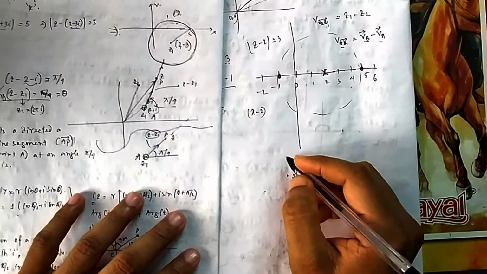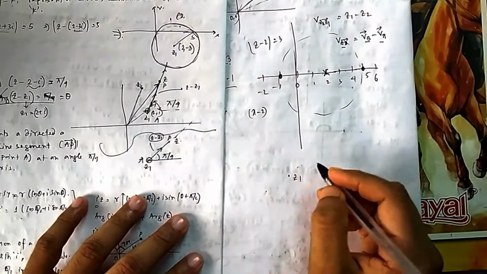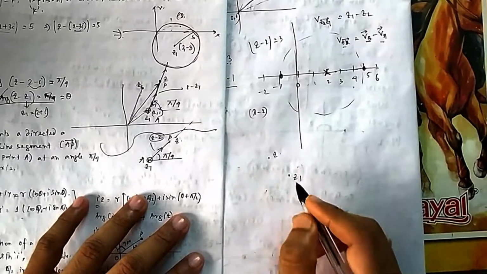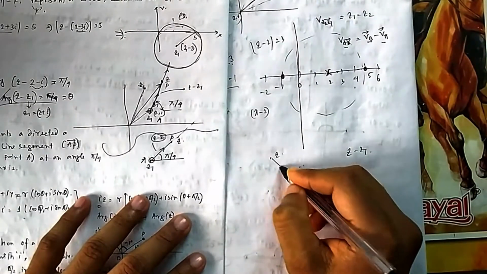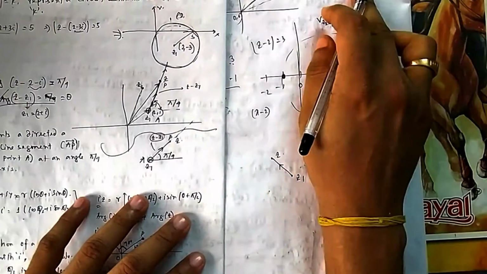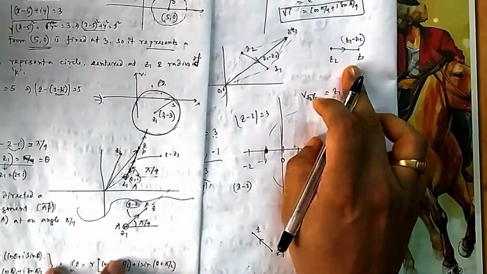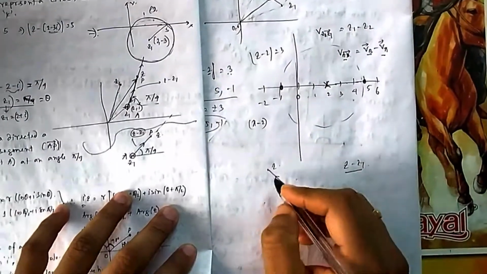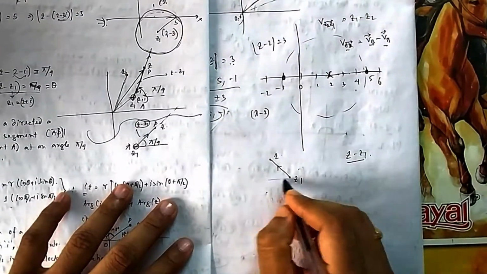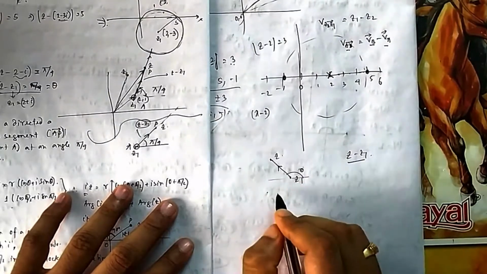So what is z minus z1? If I take z anywhere, z minus z1 is something of this format. I told you how to do the subtraction. If 2 points are given, z1 minus z2 is pointed towards z1. So z minus z1 will be pointed towards z. So this angle should be theta.